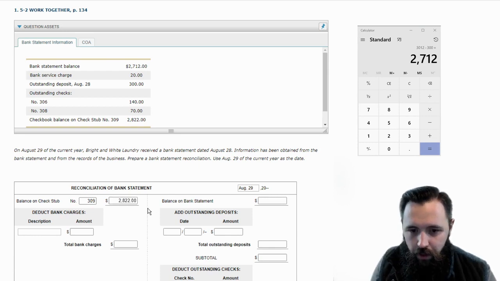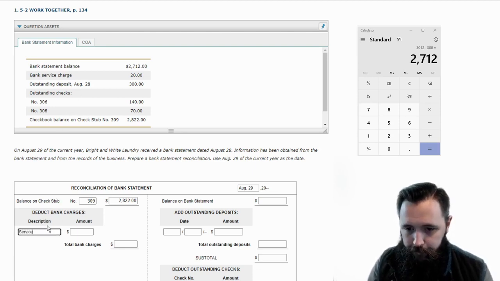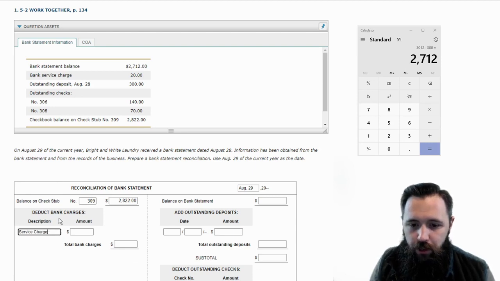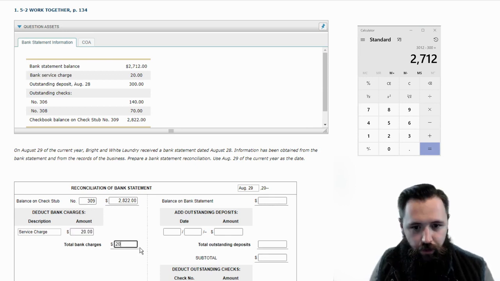Type that in wrong. And now we're going to deduct the bank charges. These are the service charges. So the bank's going to charge us $20. So let's put in service charge, and the amount was $20. We can see that here. It says bank service charge. So what's the total bank charges here? Well, that's pretty easy. It's just $20.